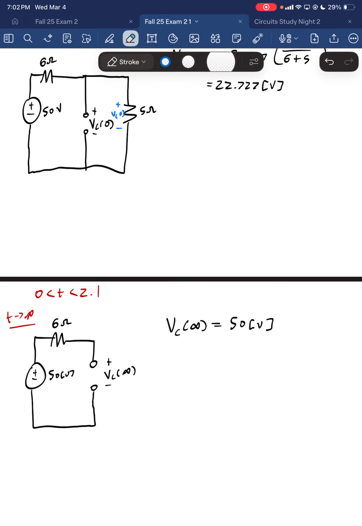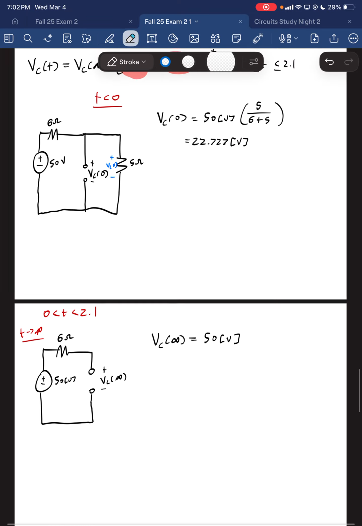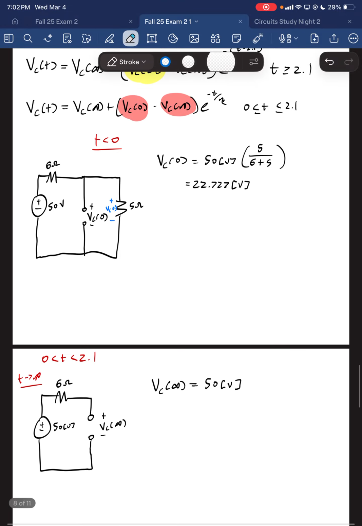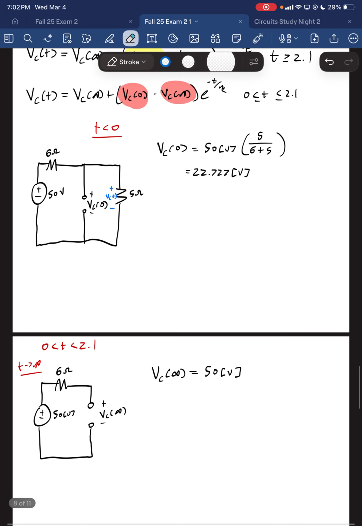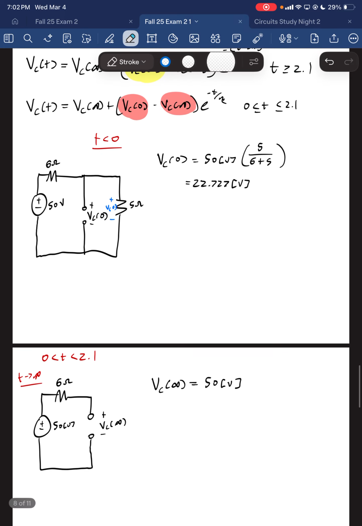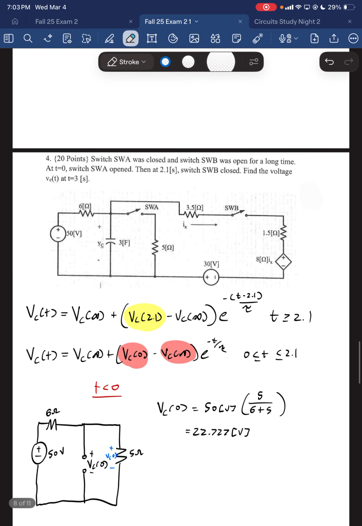Because at t equals 0, switch A opens, but at t equals 0, it would be wrong to draw this as an open circuit. But for 0 less than t less than 2.1, A is open and B is still open. B doesn't close until 2.1 seconds.